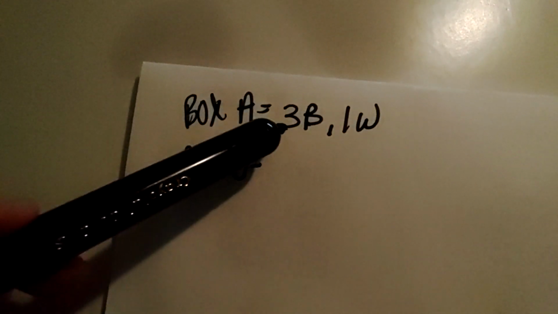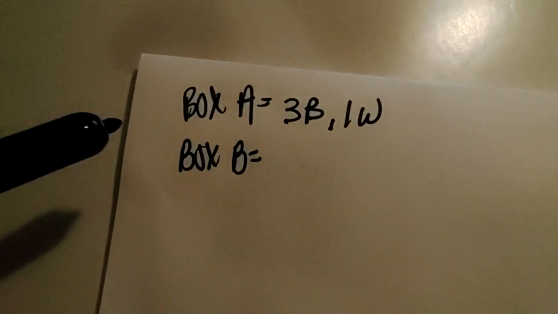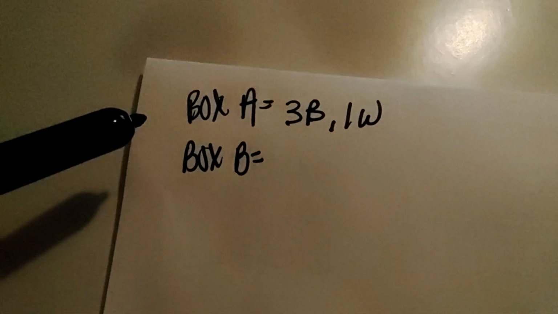Write box A and box B. Box A has 3 black, 1 white. I just wrote a 3 with a B and a 1 with a W to make it easy.